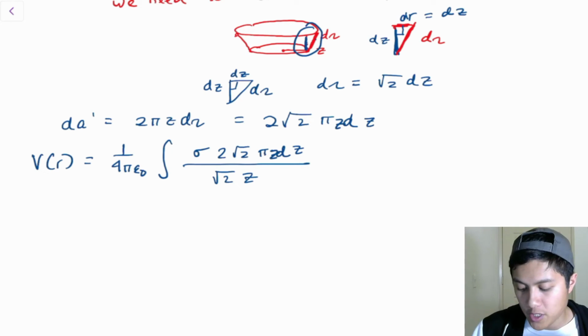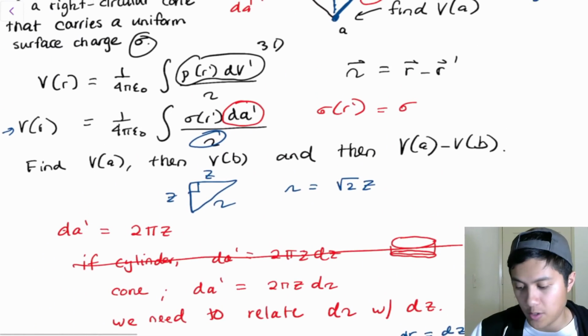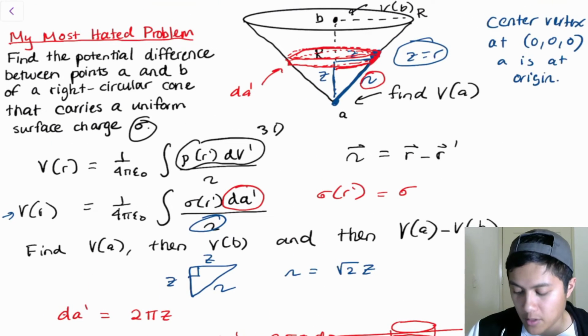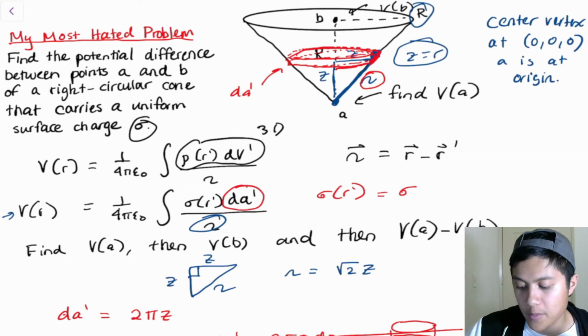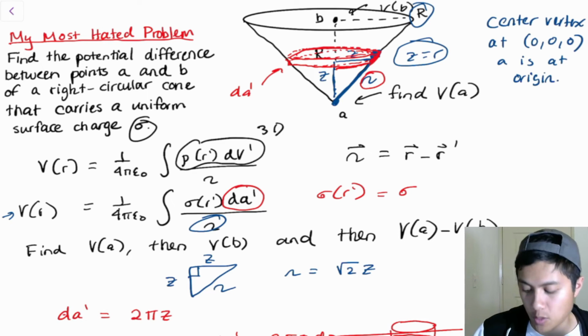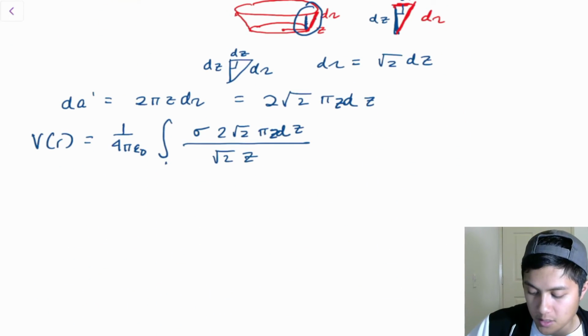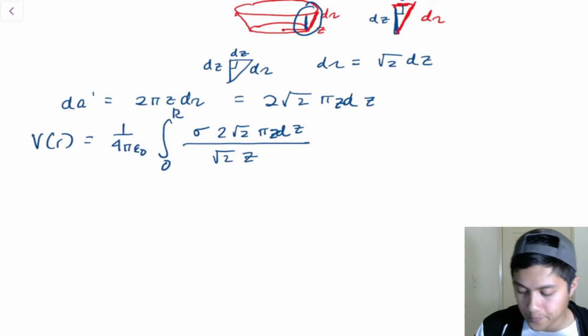Well, we're just going to integrate in the z direction. If we go back to the cone, remember that z goes up to a height of r. The radius is r, but this is a right circular cone, so the height in the z direction at the top is also r. So we're going to go from z equals 0 to z equals r.